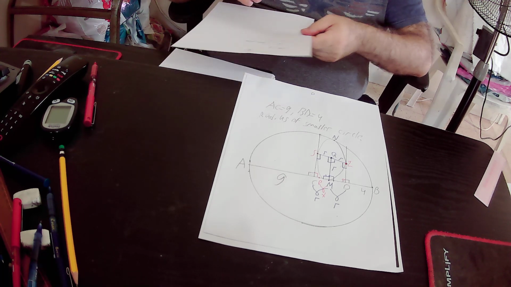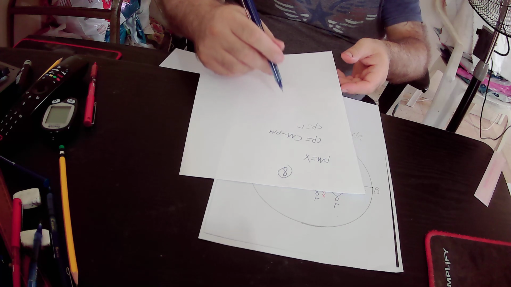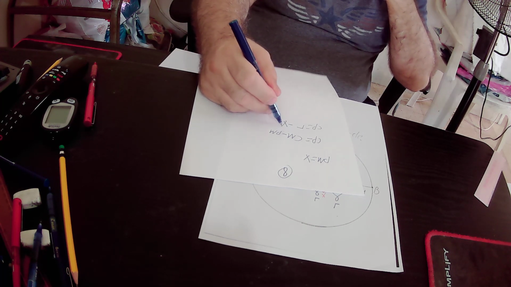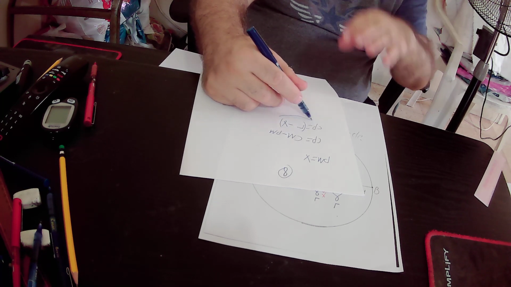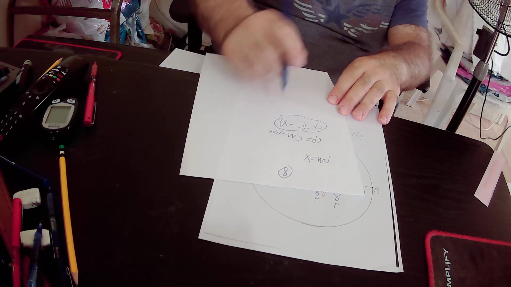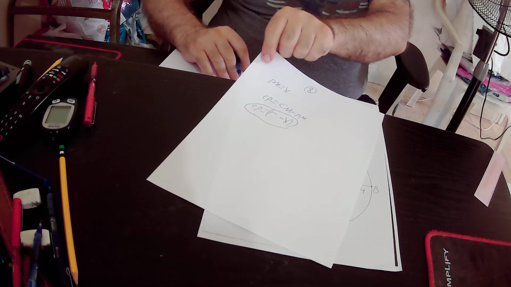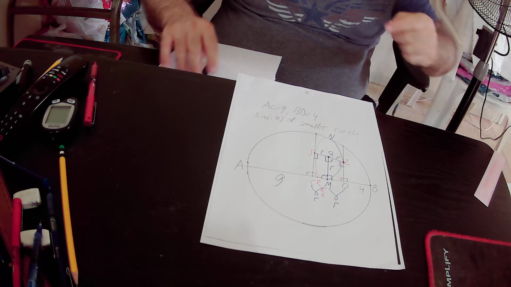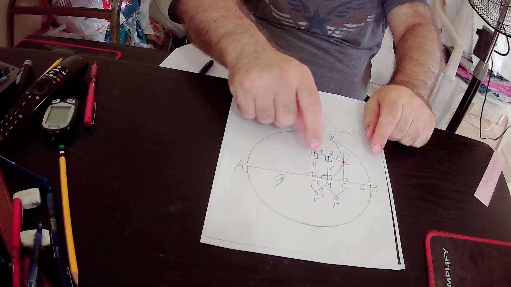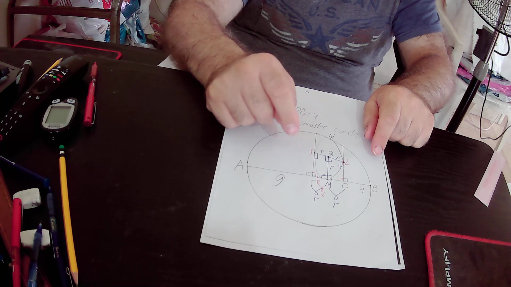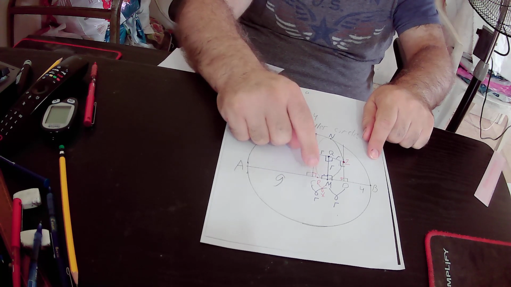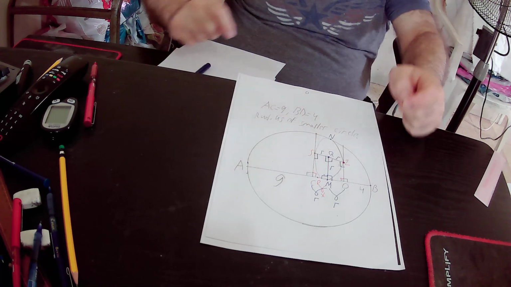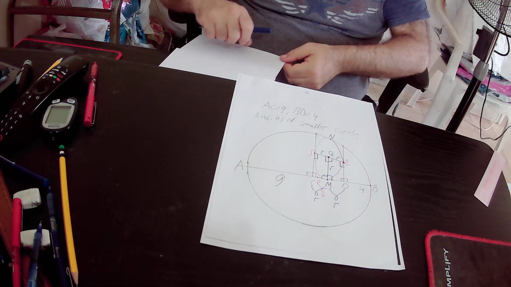So Cp will be equal to Cm minus Pm, that is to say small r minus x. Okay? Cp equals small r minus x.